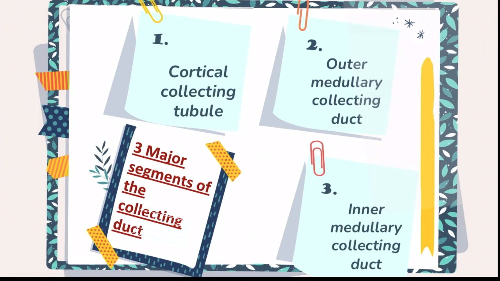So we have the three major segments of the collecting duct. They serve three different functions in the urinary concentrating mechanism. The main function of the cortical collecting tubules, the first one, is to raise the fractional solute contribution and absolute concentration of urea in the fluid that it delivers to the outer medullary collecting ducts.